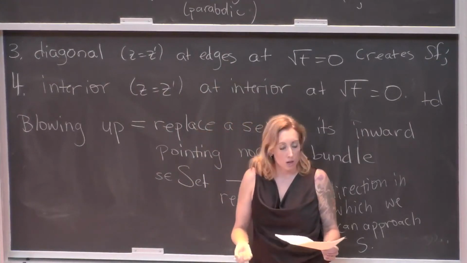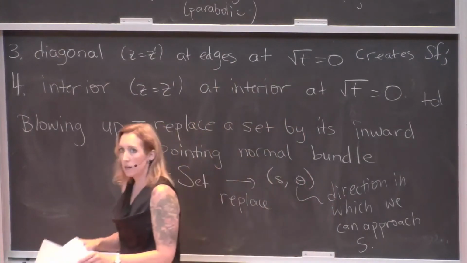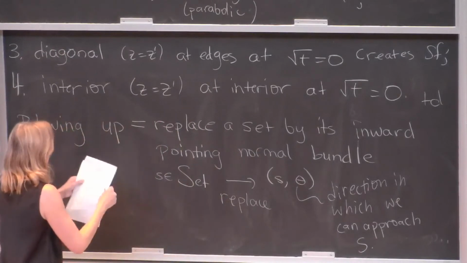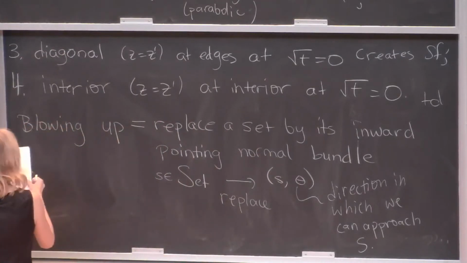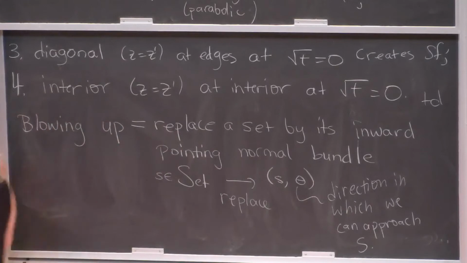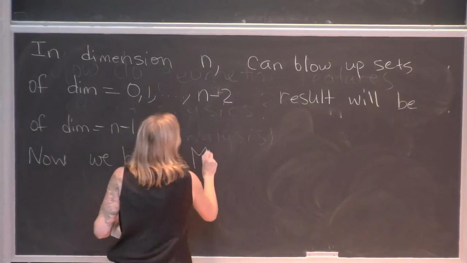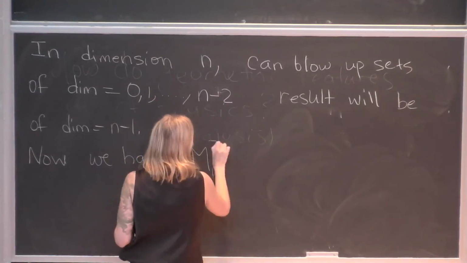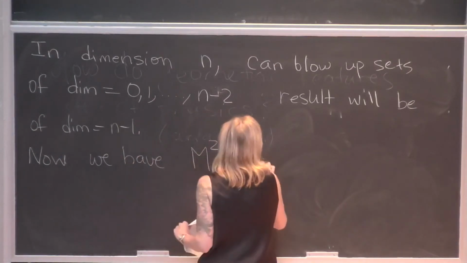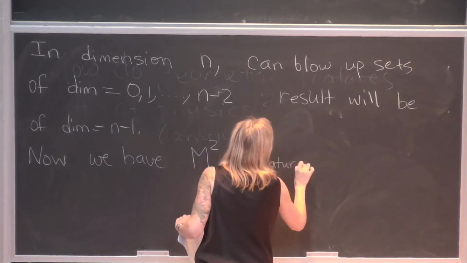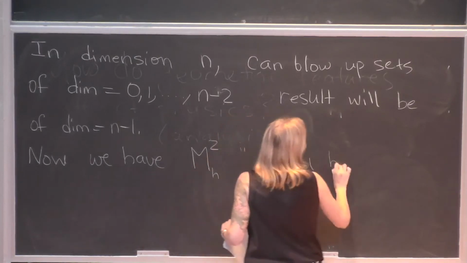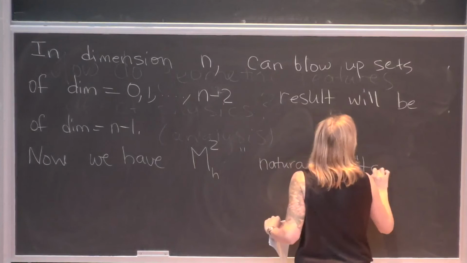Okay? So having done all these blow-ups, we now have the resulting space, which I called MH2, which is my more natural habitat for my heat kernel to live on.